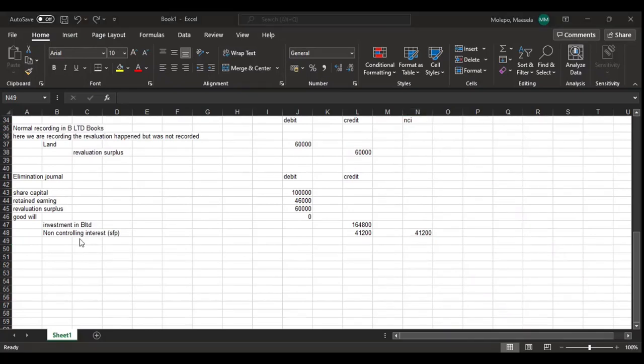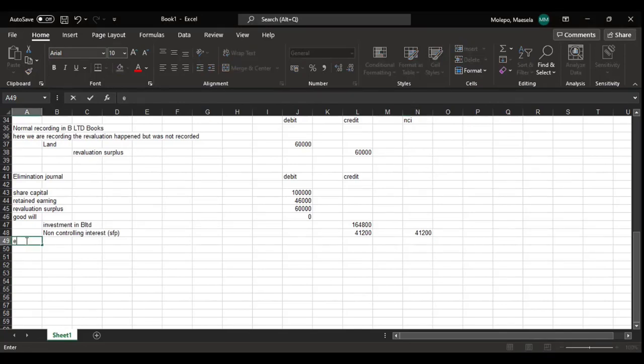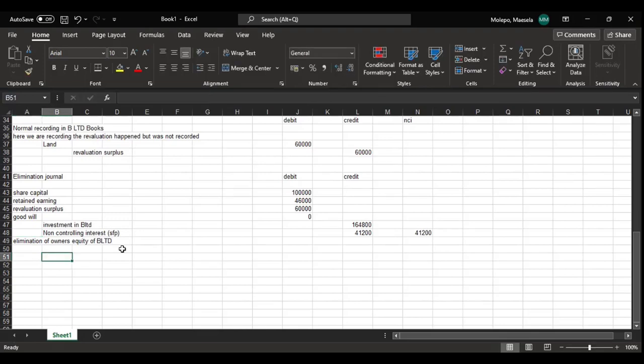So up to so far we are happy, right? We eliminated the acquisition of that owner's equity. That was the main purpose of this journal. We are happy, right?